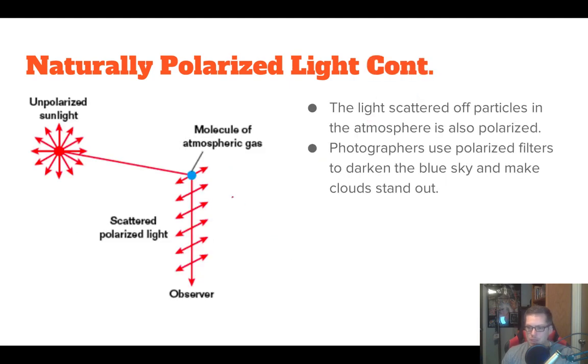Now, naturally polarized light, okay, another example is when light passes through different parts of the atmosphere, especially if it changes density. Like if light goes through a cloud, it gets polarized as it passes through. Okay, so light getting scattered off of a cloud gets polarized based off the molecules that are in the cloud, specifically water.